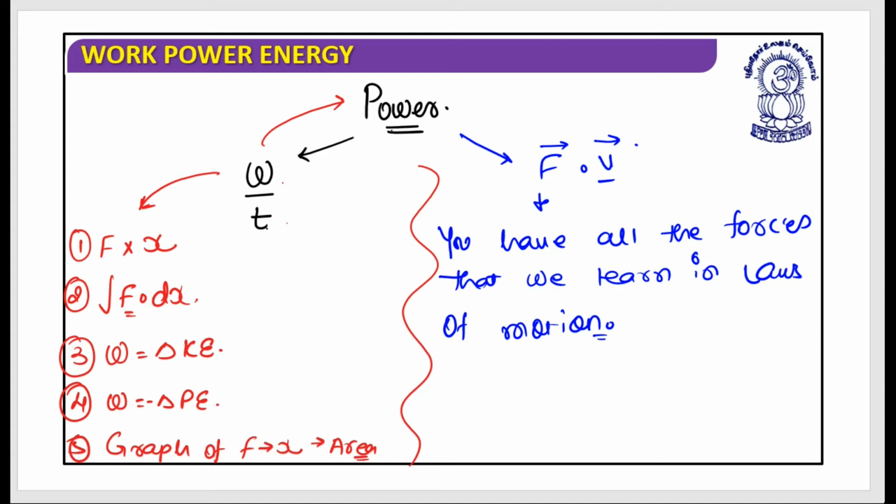I hope this is clear. So when you think of power, you must understand that these two are the basic approaches. Again, there are certain questions with other requirements that cannot be done from these two, but almost 95 percent of questions are covered from this area.